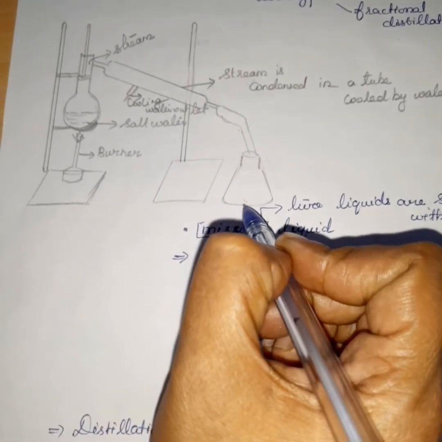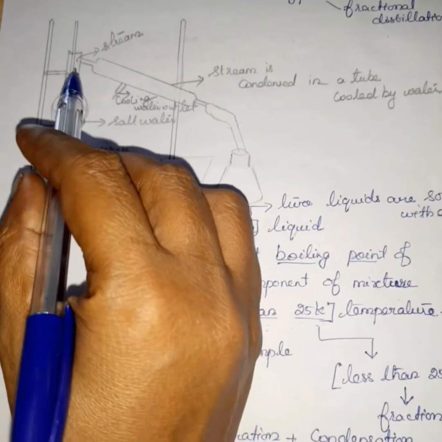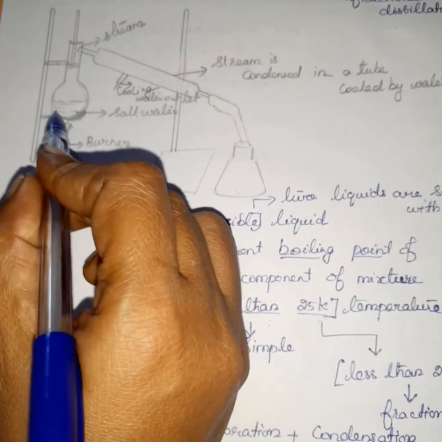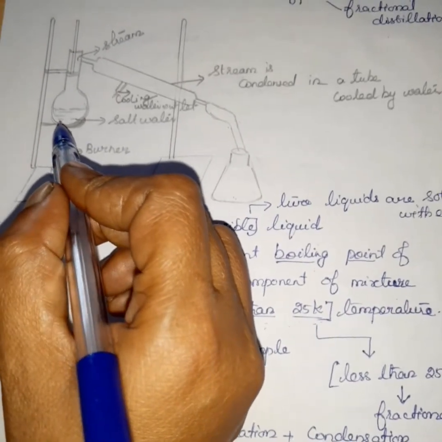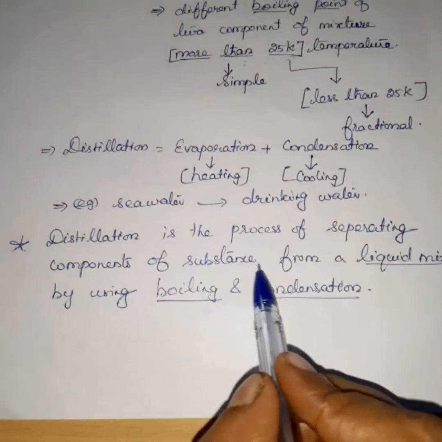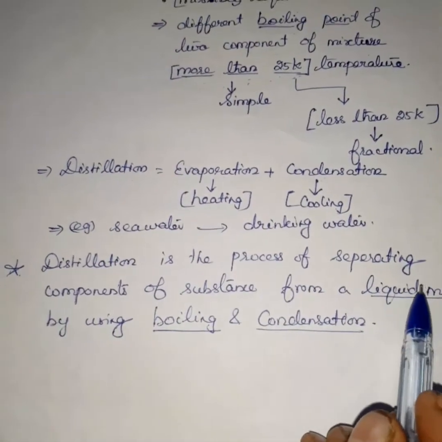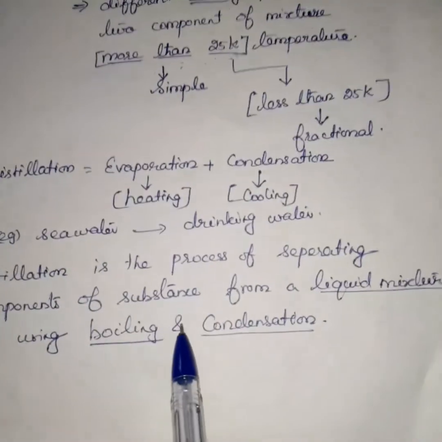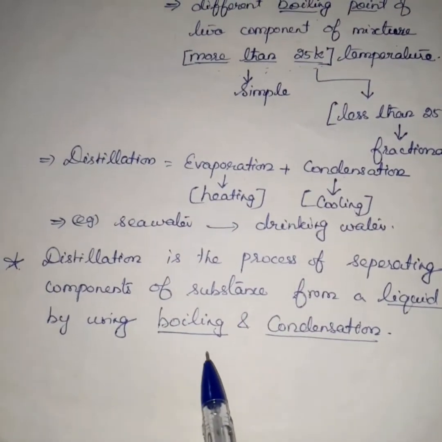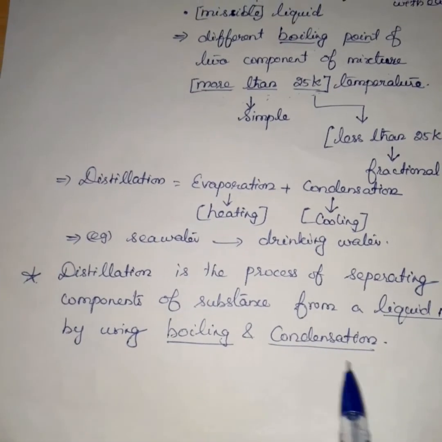Now you have seen all the water vapor purified, and only the salt is left behind. So what do you understand? Distillation is the process of separating components of a substance from a liquid mixture by using boiling and condensation.